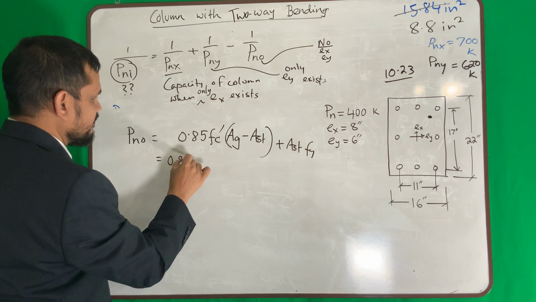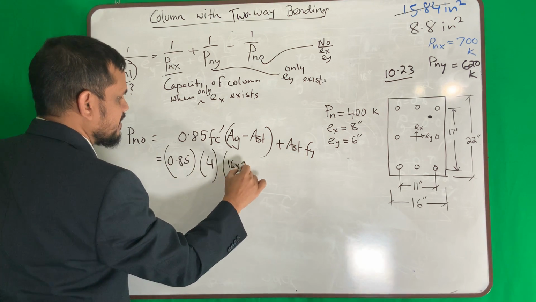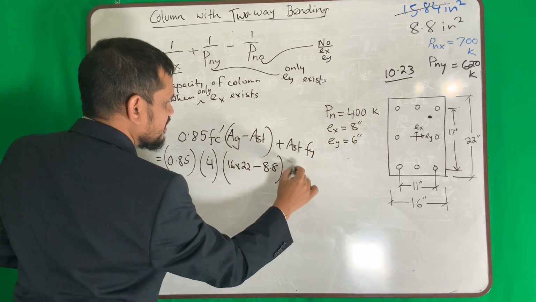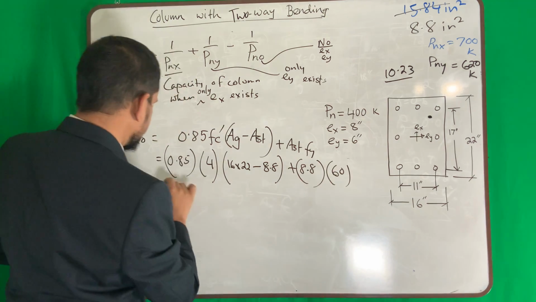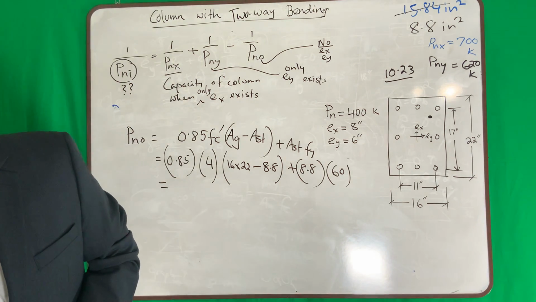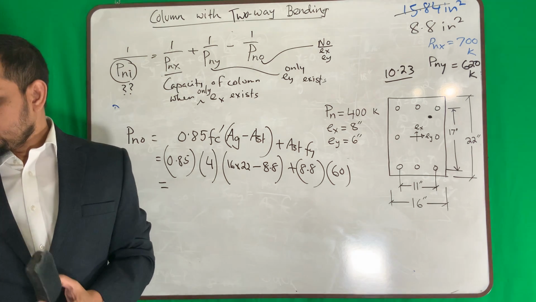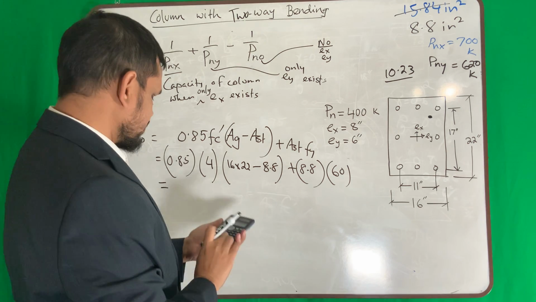So 0.85 times 4 times 16 times 22 minus 8.8 plus 8.8 times 60. If I see your book, they did it, or I can, your book is not right actually.